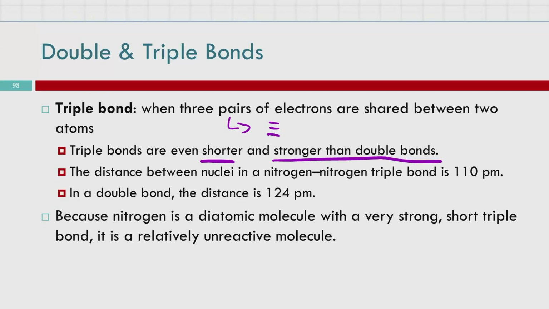And because nitrogen is a diatomic molecule and it has that triple bond, it's relatively unreactive. In order for it to react with something else, you would have to break the triple bond under most circumstances. So that makes it a very unreactive molecule, which is nice. It's most of the air that we're breathing.